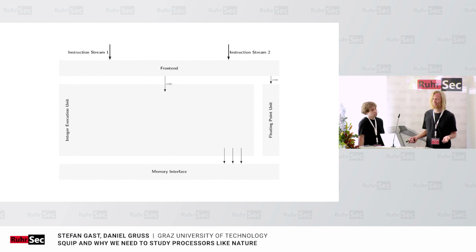The front end decodes them into something called microops. The x86 instruction set is quite complex, so in order to deal with more complex instructions efficiently, they are split up into micro operations.